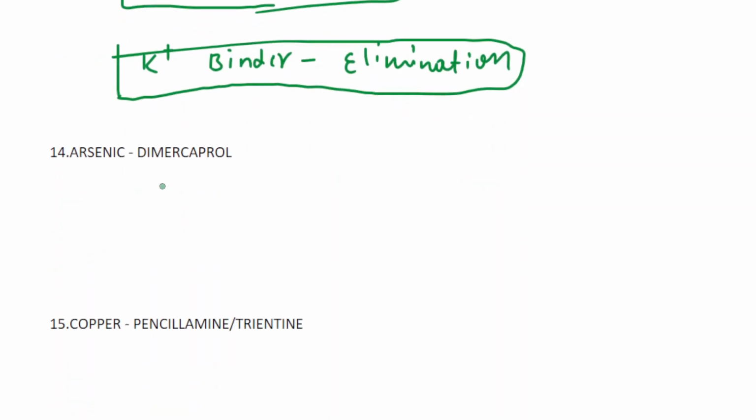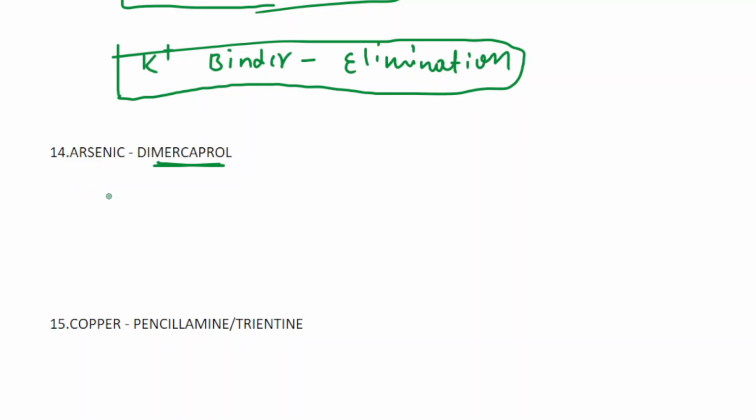Next one is arsenic. For arsenic, the antidote is dimercaprol. Arsenic is a colorless, flammable, non-irritating, toxic gas with a mild garlic odor. Features of arsenic poisoning are raindrop appearance and brownish pigmentation of the skin.